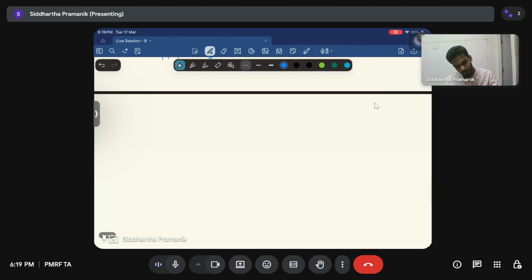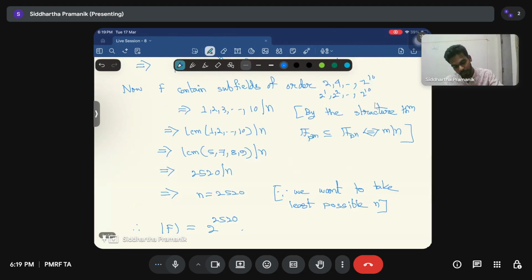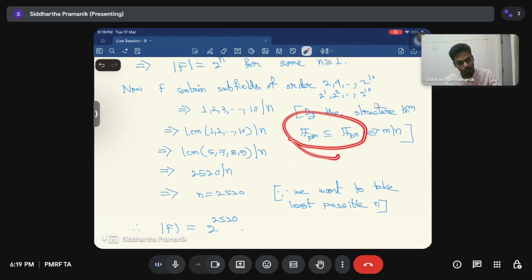Again, we use this particular fact that F p power m is a subset of F p power n if and only if m divides n. So in our case n is 2520. So basically we have to find the number of positive divisors of 2520.